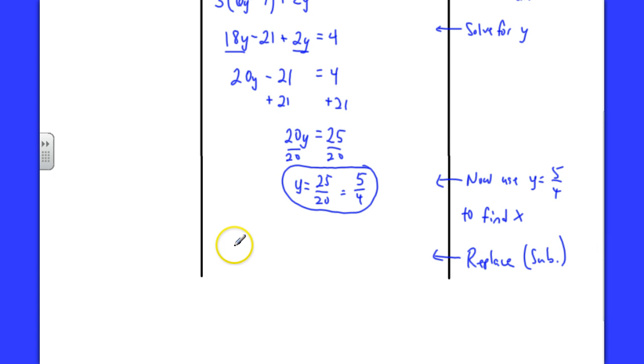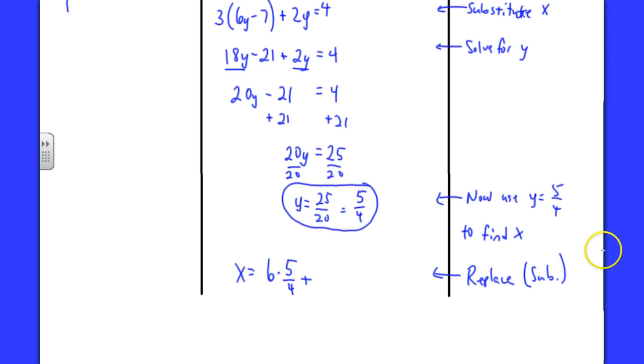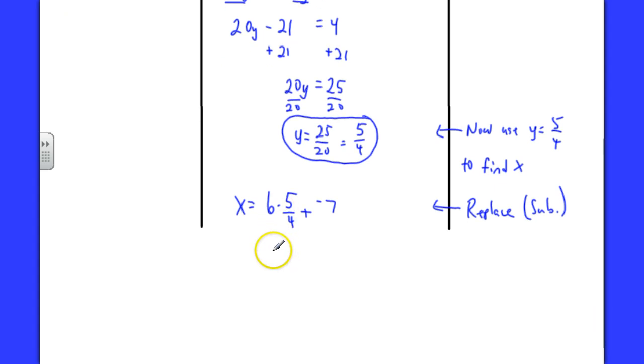So x equals 6 times y, which is 5/4, minus 7. I'll just say plus -7, which is the same thing. So we have to just work this out now. 6 times 5/4, that is 6 times 5 is 30 over 4 plus -7.